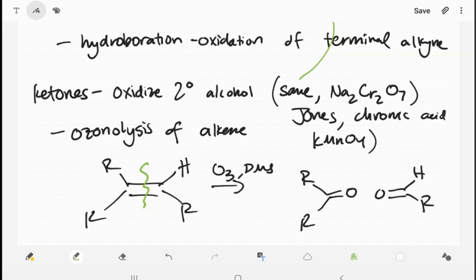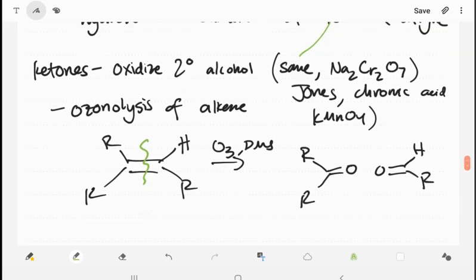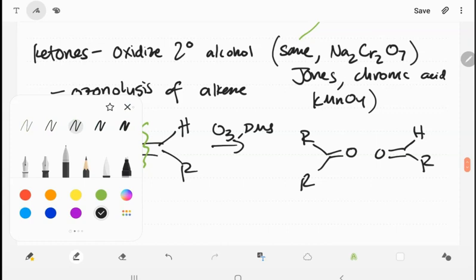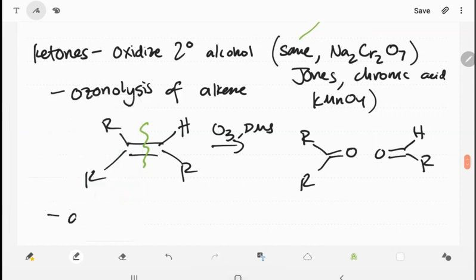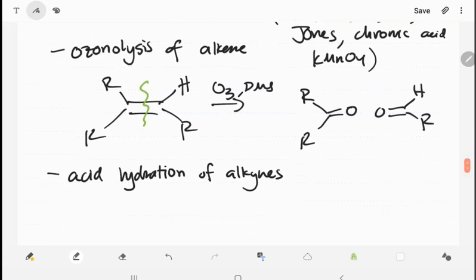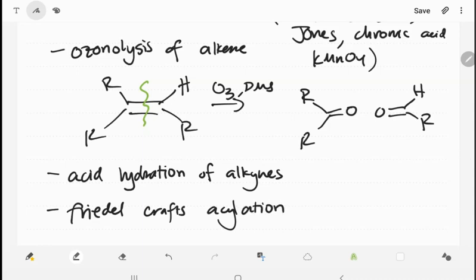You can do, I think, if I remember correctly, the acid hydration of alkynes rather, will give you a ketone or two. And then we also have Friedel-Crafts acylation.